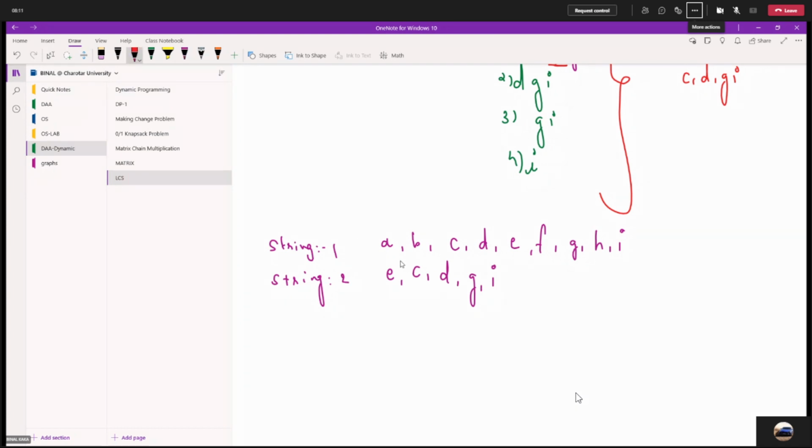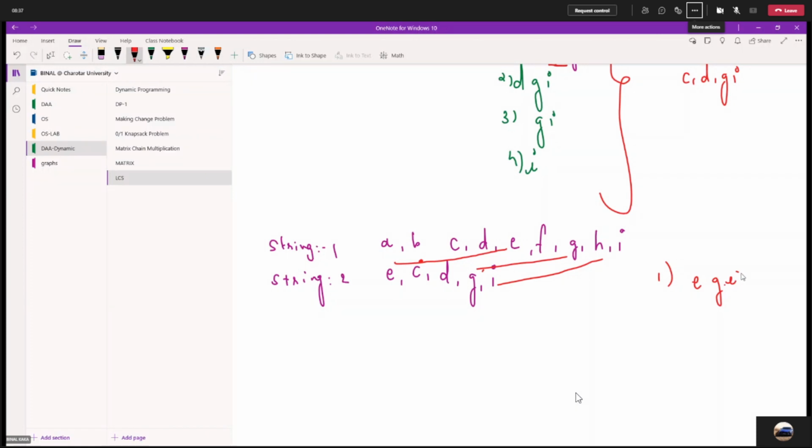If I start with E, then here E, C. If I take C, then a collision will happen here, so that is not valid. You cannot cross it, so C is not considered in this string. The same will happen with D, we cannot take D either. G is possible, I is possible, so the first sequence is E, G, I.